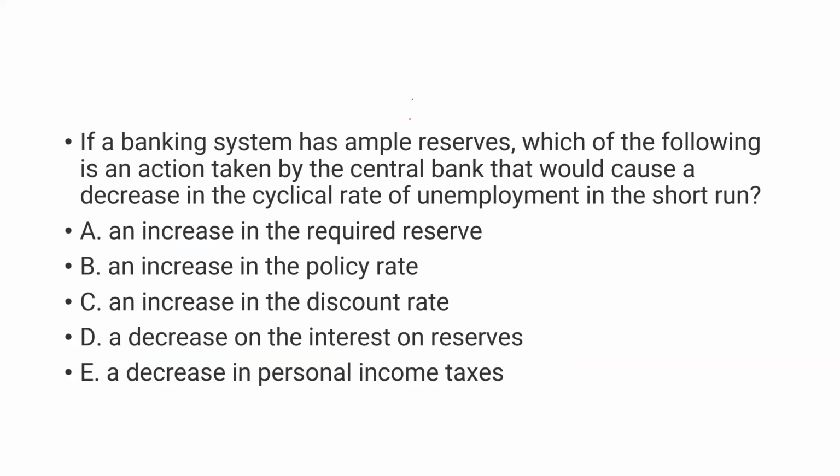If a banking system has ample reserves, which of the following is an action taken by the central bank that would cause a decrease in cyclical unemployment in the short run?